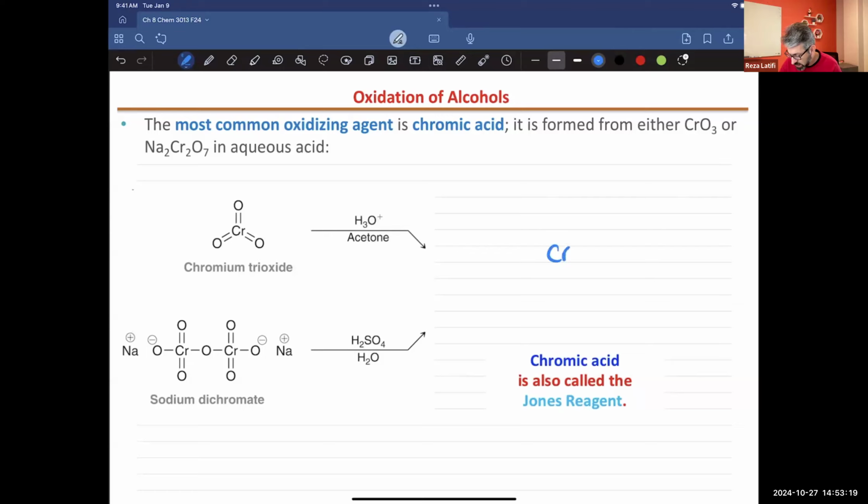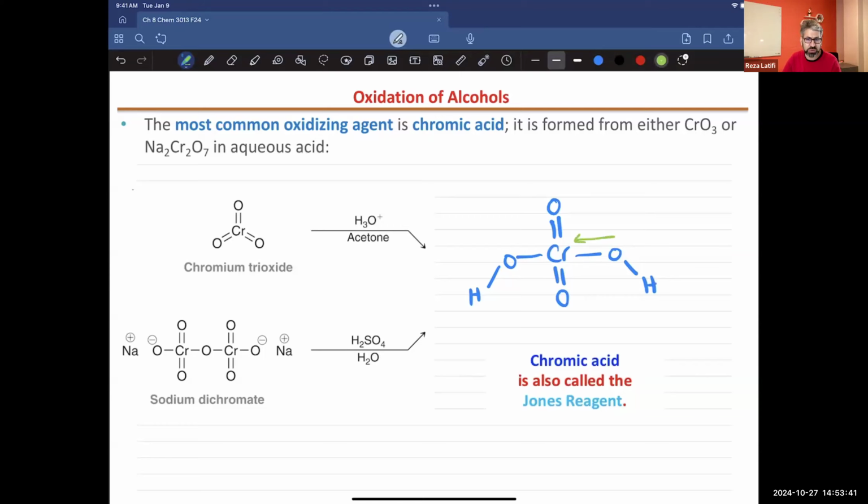We get chromium attached to two oxygens through double bonds, and then we have oxygen attached to hydrogen, and here another oxygen attached to hydrogens. The chromium here has a high oxidation number, which means it is short of electrons.